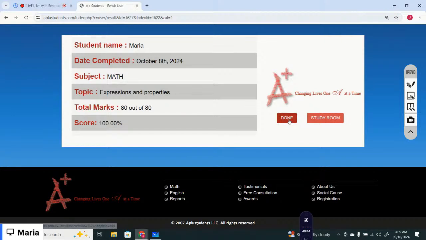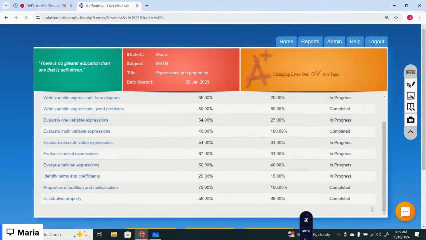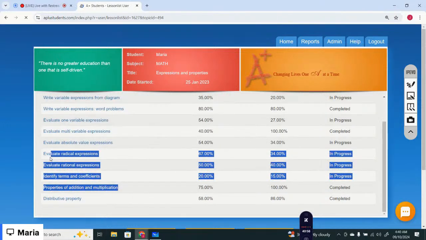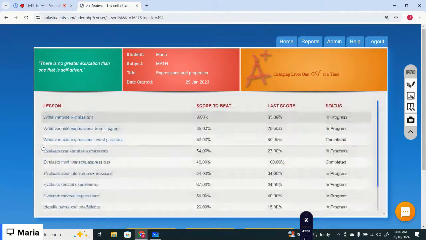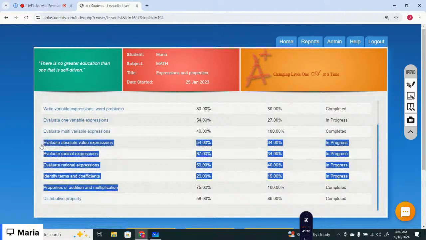We were working on grade 8 math. The chapter we were working on is expressions and properties. The lessons we covered today are evaluate absolute value expressions, evaluate radical expressions, evaluate rational expressions, identify terms and coefficients, and properties of addition and multiplication.